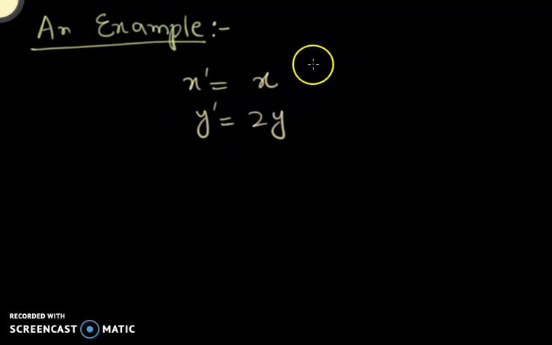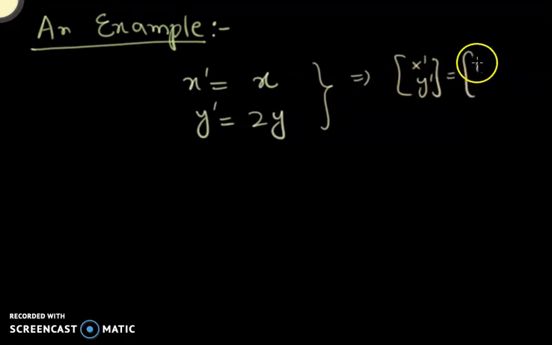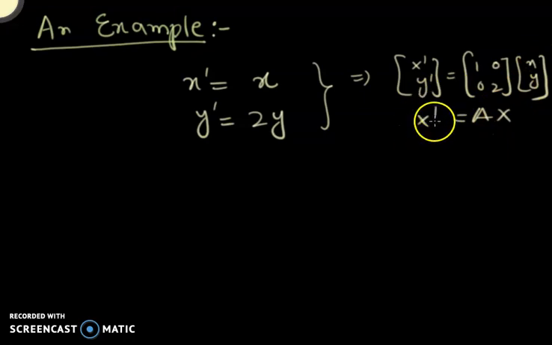This can be written as (x prime, y prime) equals the matrix [1 0; 0 2] times (x, y). So this is A, this is x, and this is x prime. This is an example of an autonomous planar linear system. I'll solve this first and then let you know how the solution behaves graphically.